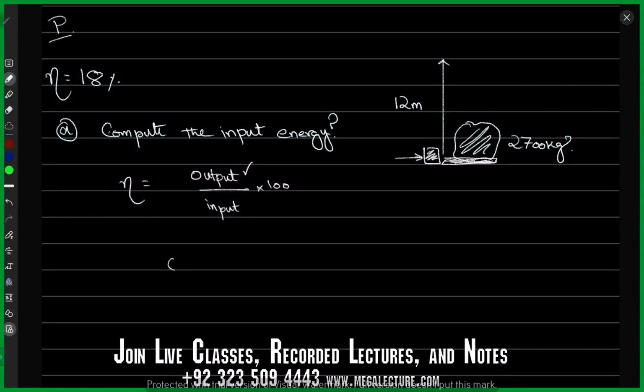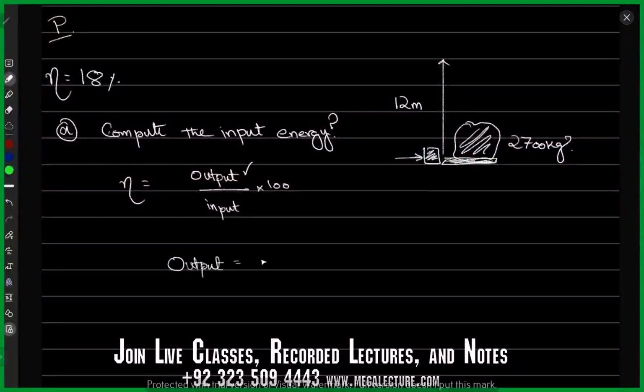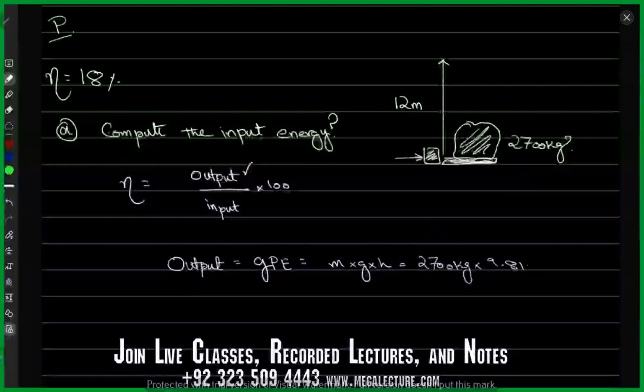So the output that I'm looking for should be equal to the gravitational potential energy, which is m times g times the height, where m is the mass, 2700, then 9.81 is the acceleration due to gravity, and the height is 12 meters. So the output is equivalent to the gravitational potential energy gained by lifting it to that height.